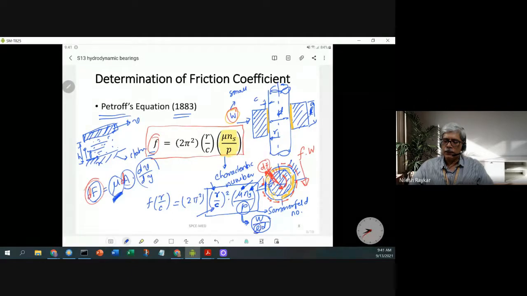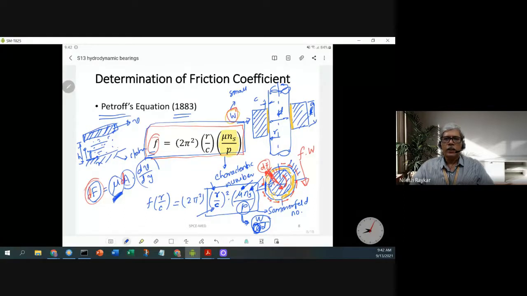So you can see that in this single parameter called the Sommerfeld number, everything that you require to establish in the design of the hydrodynamic bearing is captured. So the Petrov equation in that sense is important, although this equation per se is not useful for the design.